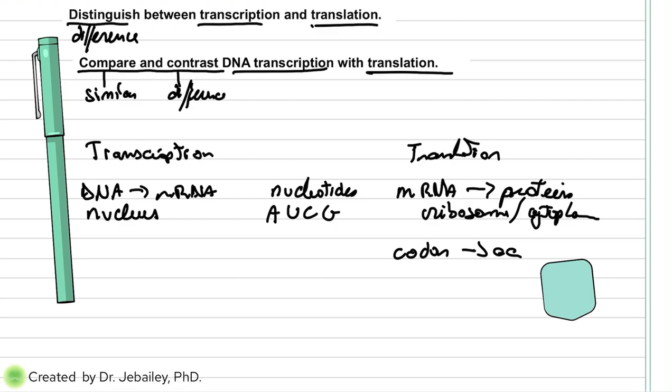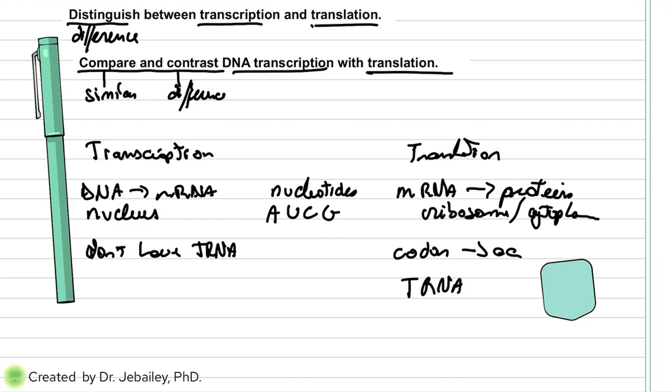And translation has tRNA, and transcription doesn't have the tRNA whatsoever. They do have nucleotides, the A, U, C, and G. One is in the nucleus, one is in the cytoplasm.